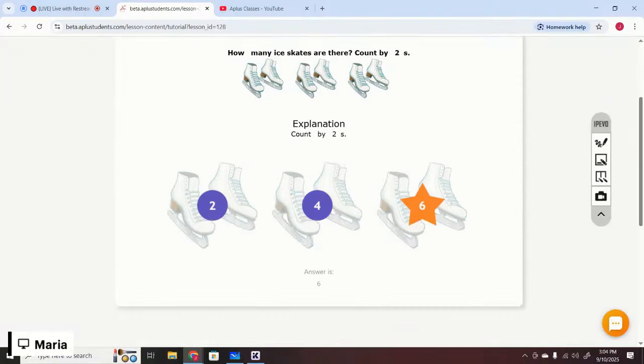So let's count them. We need to skip by twos. So that is 2, 4, 6. You don't have to say all the numbers like 1, 2, 3, 4, 5, 6. So you skip them by 1. So that is 2, 4, and 6. So the answer is 6.